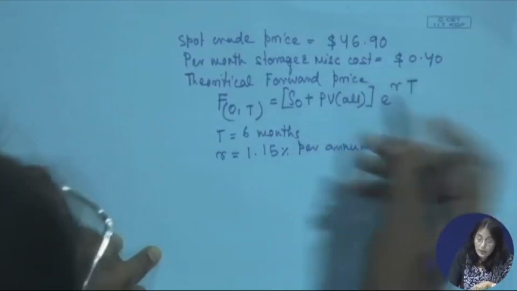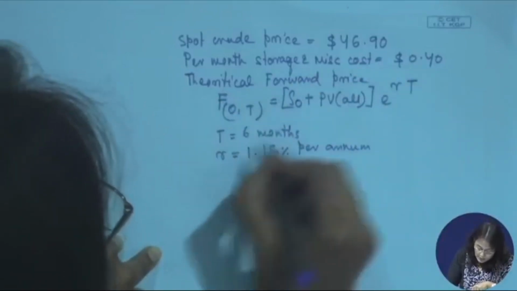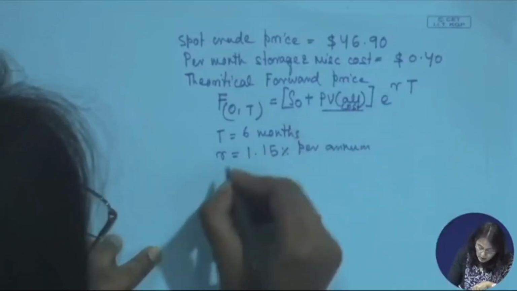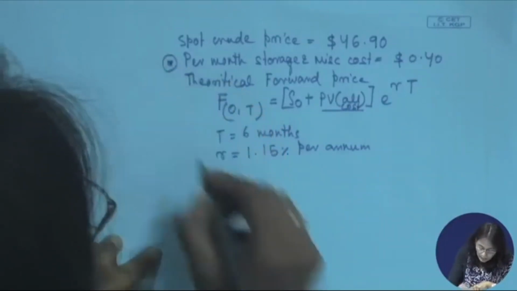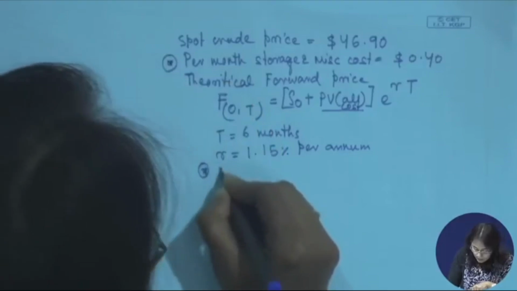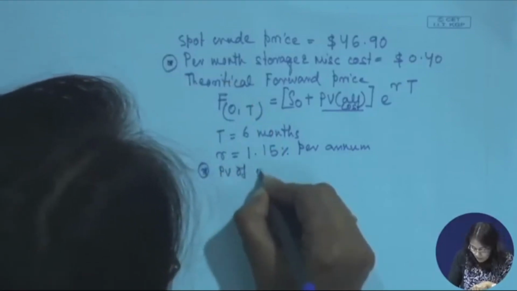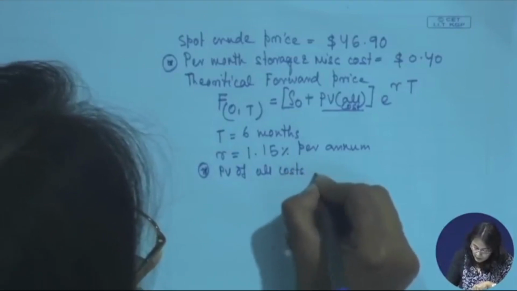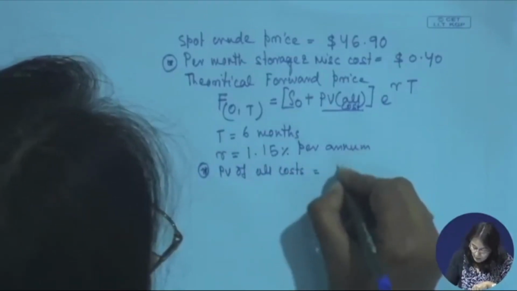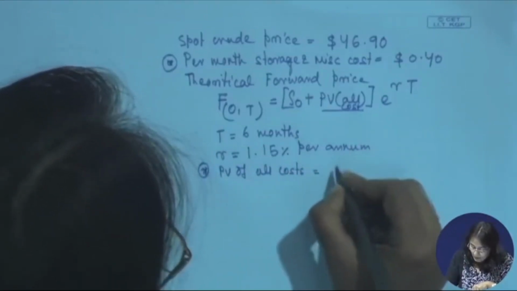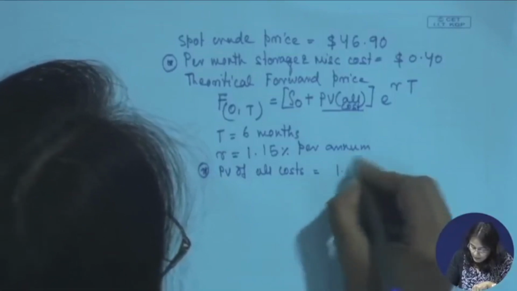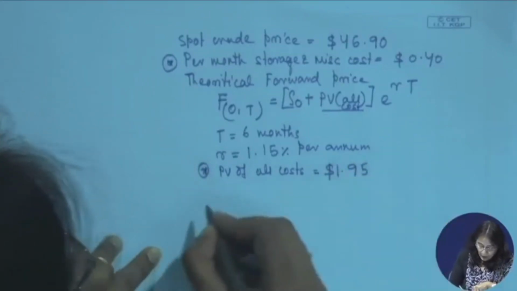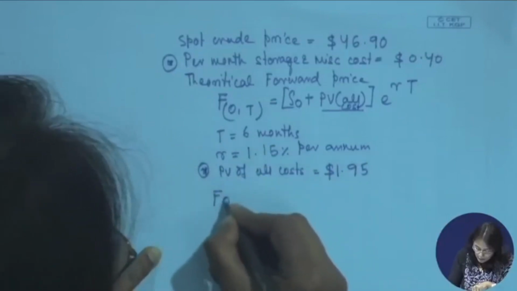So if it is 6 months, let's say the present value of all costs, so this storage and all other costs, let's say it's $1.95. So what should be our F0T?